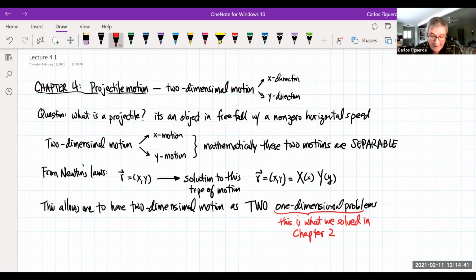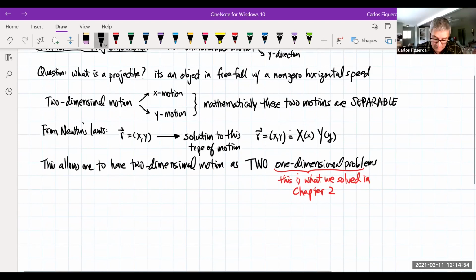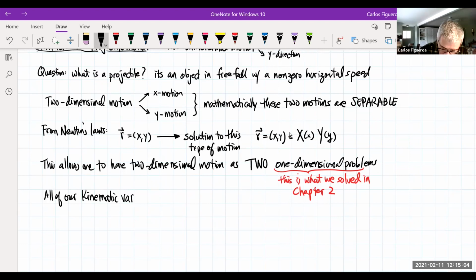So what happens now is that because we have two-dimensional motion, all of our kinematic variables are now two-dimensional.